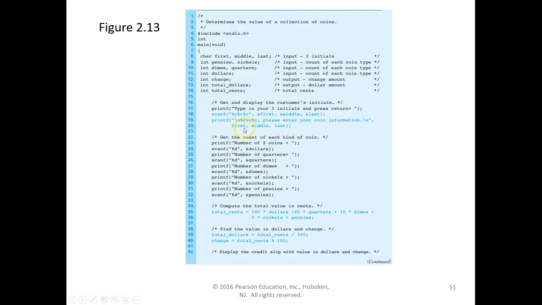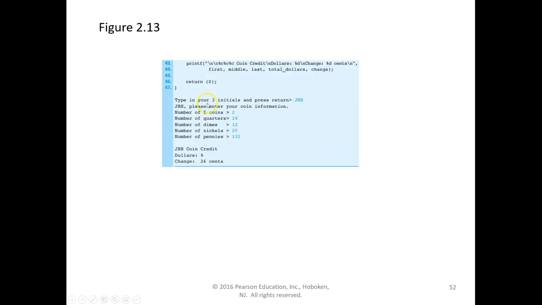It takes those values here, puts them here, and then prints. So basically it already knows the variables first, middle, and last. You define them here, so it already knows it. It just prints it on the screen, and then it puts this question here: please enter your coins information, 214, blah, blah, blah, and then you do this.